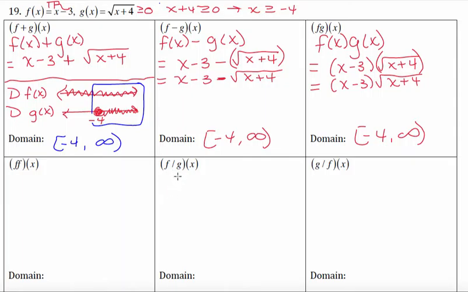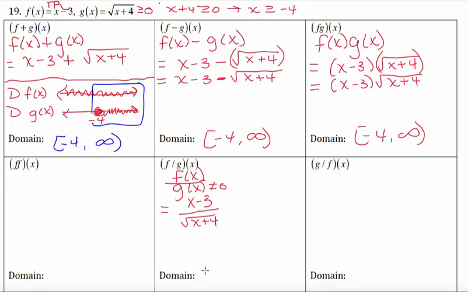So f divided by g of x is f of x over g of x. And my f of x function is x minus 3, over g of x, which is the square root of x plus 4. And I want to figure out what makes g of x equal to 0 because it can't.